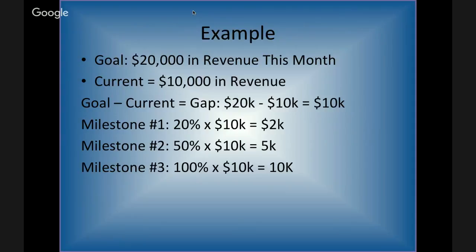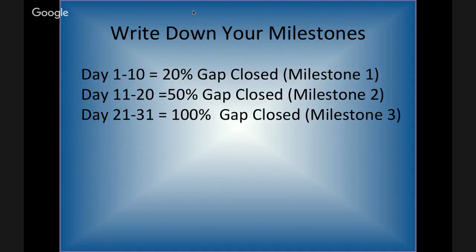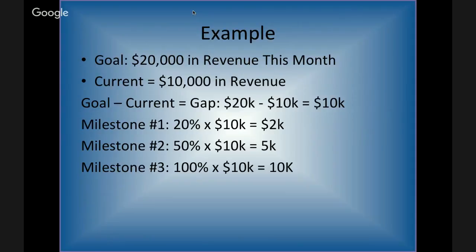So when you break it down, the milestones are really easy when you see that it's just a little bit more each time. So we're going to go ahead and write down our milestones. To get this, we're going to look at our 3, which is breaking it down for the month. So between day 1 and day 10, what is 20% of your gap? And to calculate that again, we'll go back here. We're going to take 20% of 10K in the example.